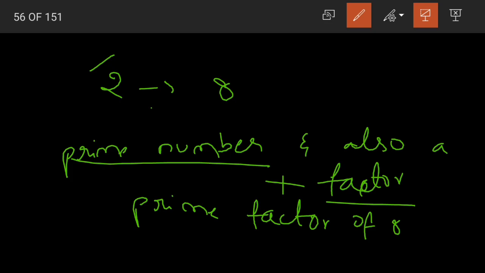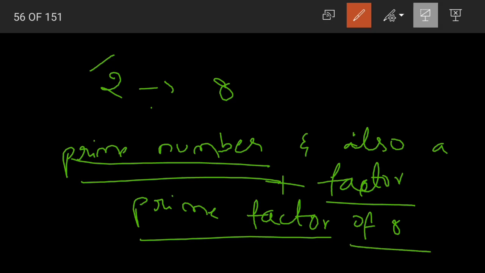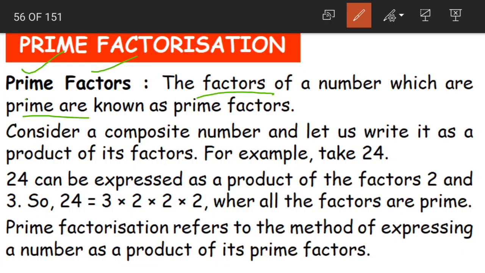Understood, children? It has both the characteristics of a prime number and a factor. So combinedly we give it a new name called prime factors.